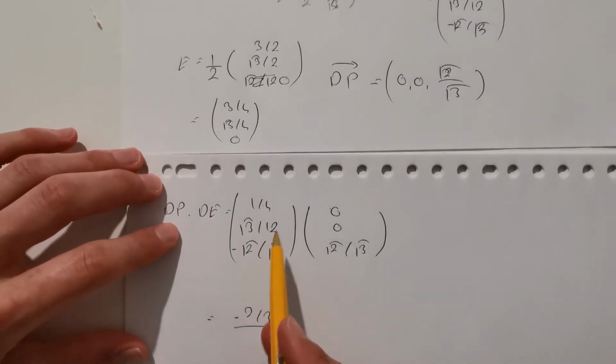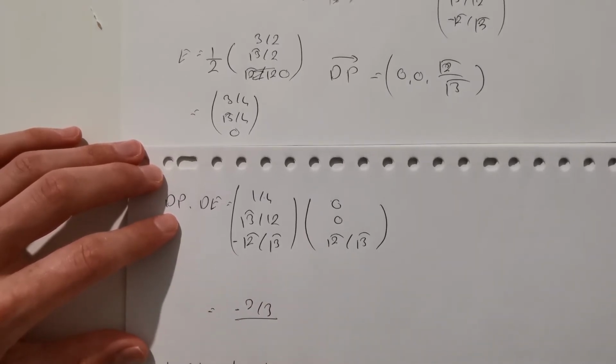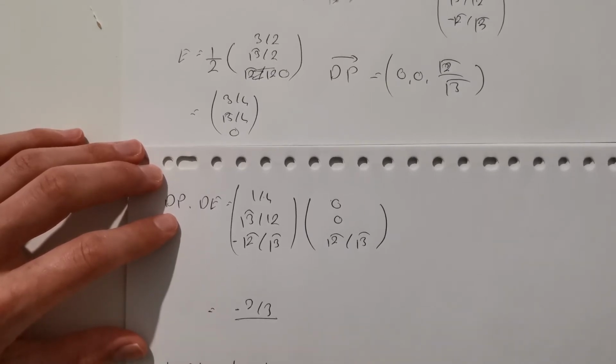So the magnitude of dE is the square root of 1/16 plus 3/144 plus 4/9, and the magnitude of dP is root 2 over root 3, times cos theta.